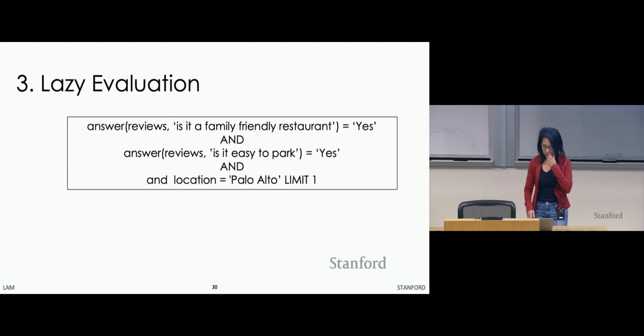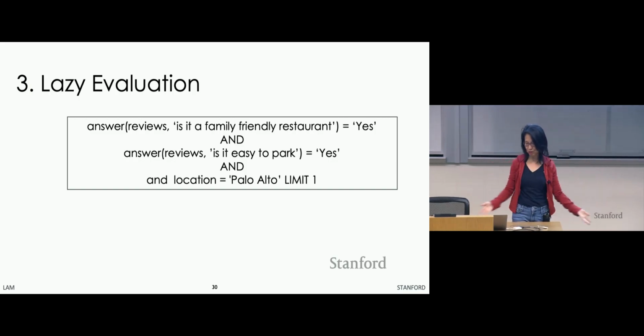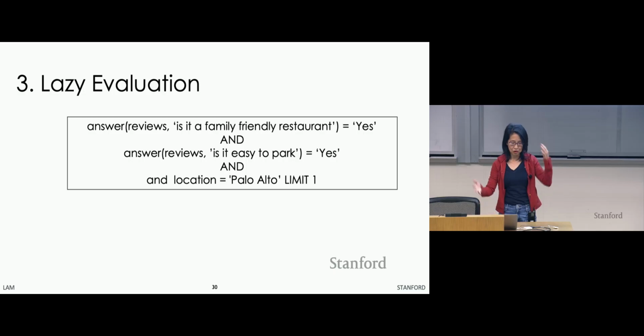So here's an example that is a little bit trickier. Here I want to know if it is family friendly. I also want to know that I have good parking, and then I do location equals Palo Alto. So first of all, I reduce the list to only the restaurants in Palo Alto, number one. But now what do I do? I have two answer functions.